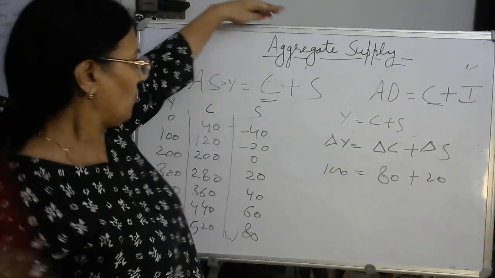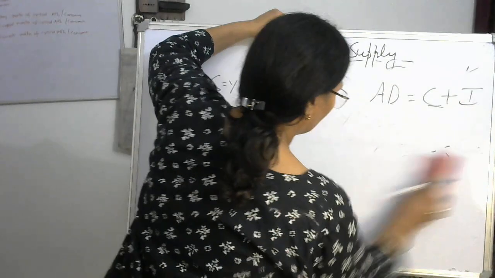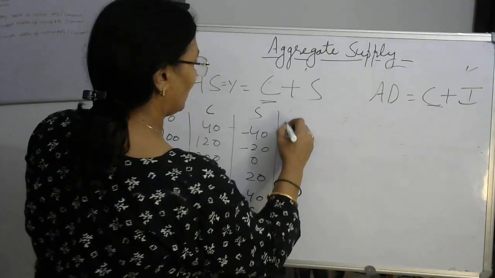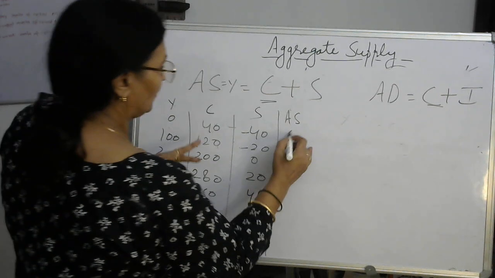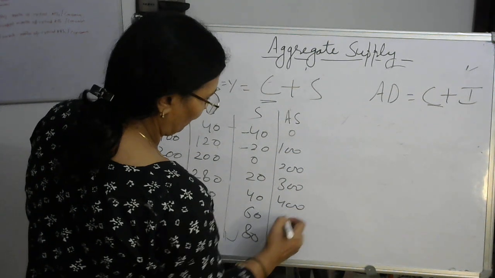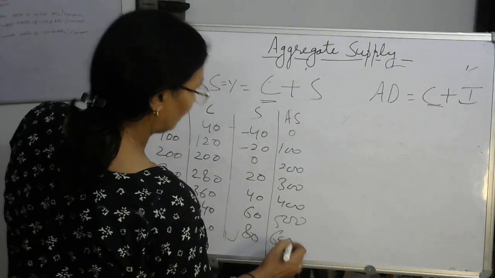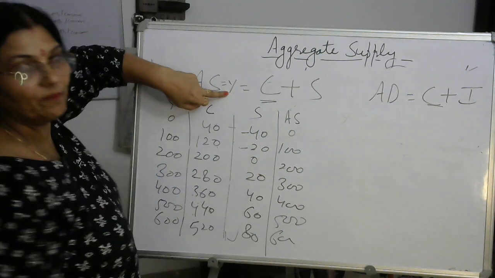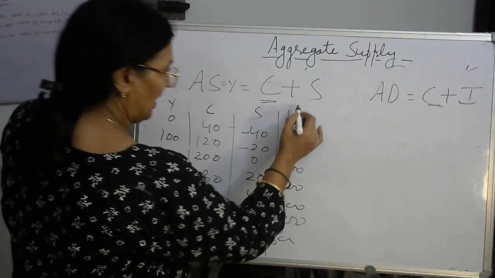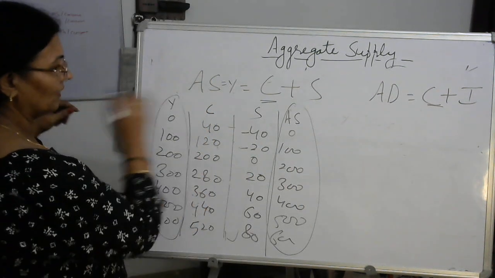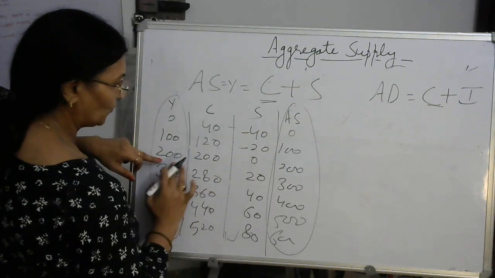Clear? Now AS is what? C plus S. So AS is 0, 100, 200, 300, 400, 500 and 600. You can see AS is equal to Y. I have written AS is equal to Y: 0, 0, 100, 100, 200, 200.